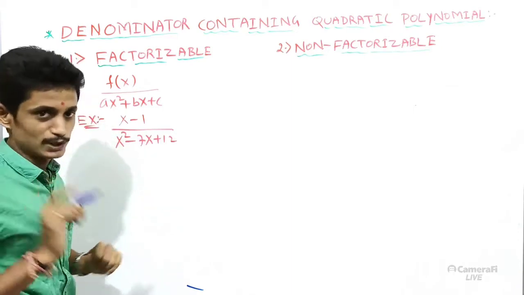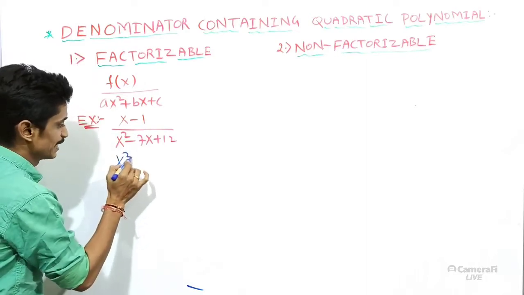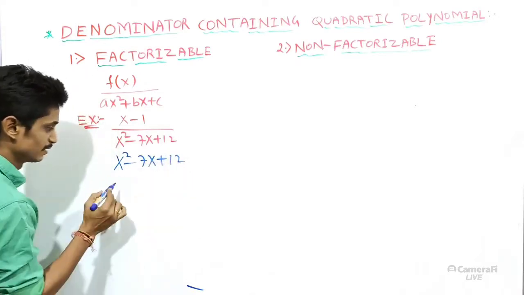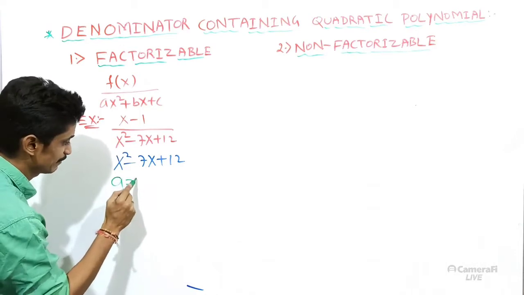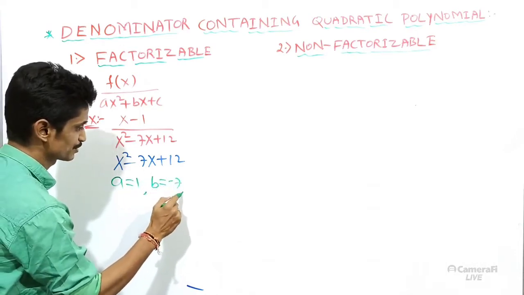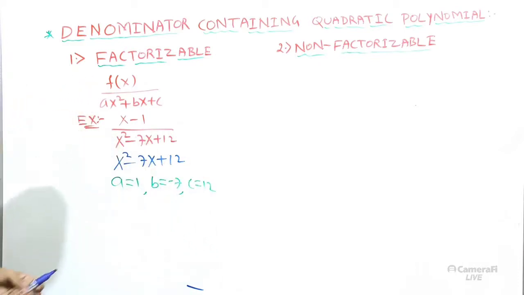So step number 1: I write my denominator x square minus 7x plus 12. Clear? Here we have a value is 1 and b value is minus 7, c value is 12.